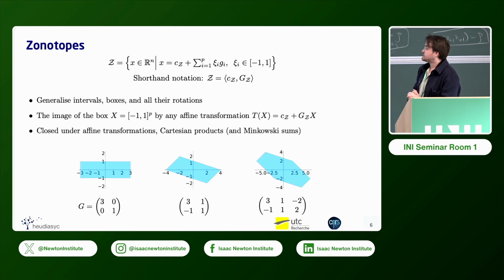You can think of them as taking a box in n dimensions and applying any linear transformation; a zonotope is something that can be reached from this operation. I have some examples of zonotopes here. You can have boxes, rotations, and also sets with additional linear constraints.